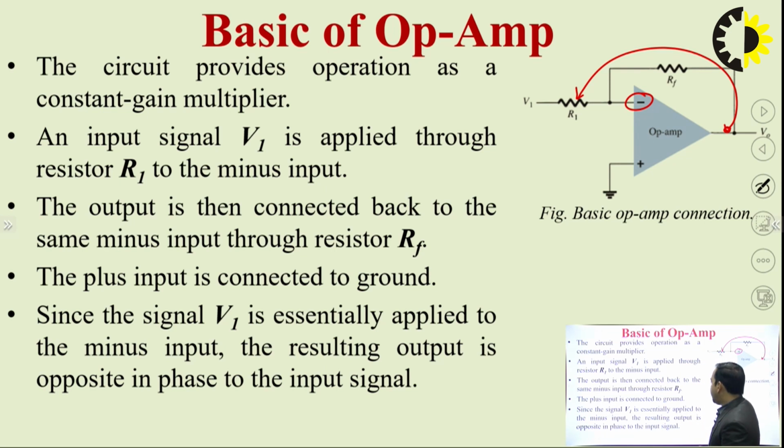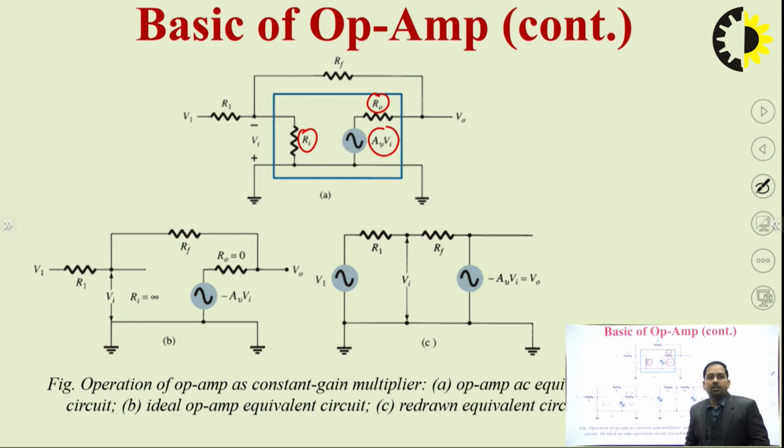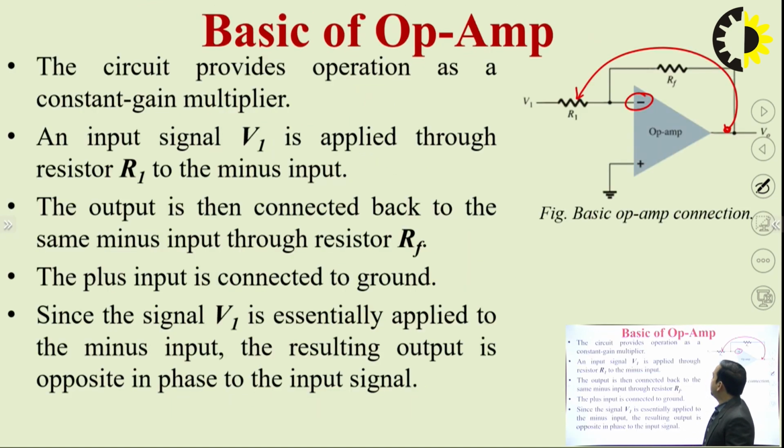So if we are providing negative feedback and we want to analyze this particular circuit, we have the equivalent circuit Ri, R0, and the voltage gain multiplied by whatever is the input voltage available, which is Vi. We have seen this in the previous case.